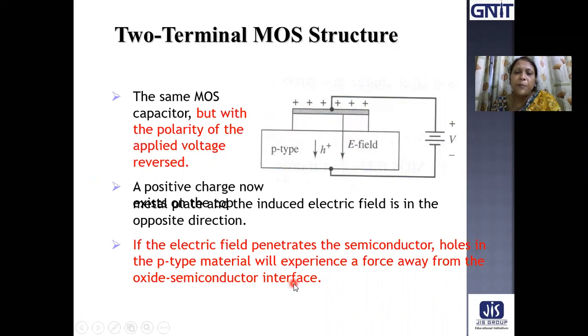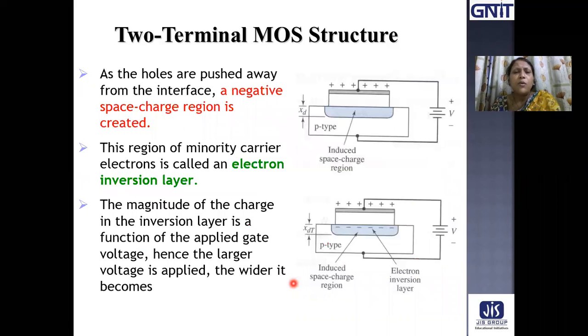The electric field penetrates the semiconductor. Holes in the p-type material will experience a force away from the oxide semiconductor interface. So as the holes are pushed away from the interface, a negative space charge region is created when positive voltage is applied at the gate.